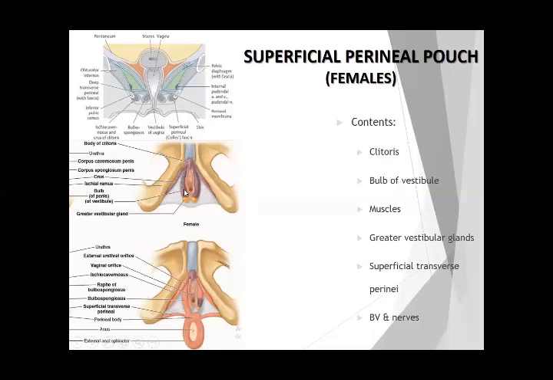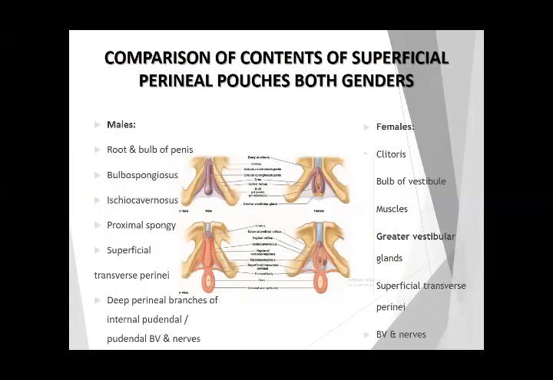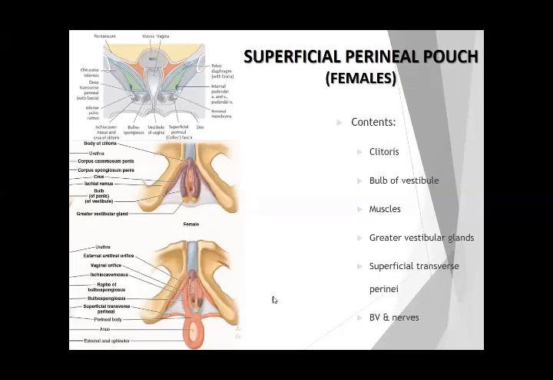This is the bulb of the vestibule, and lying posterior to it are the greater vestibular glands, one on either side, partly covered by the posterior margin of the bulb of the vestibule.